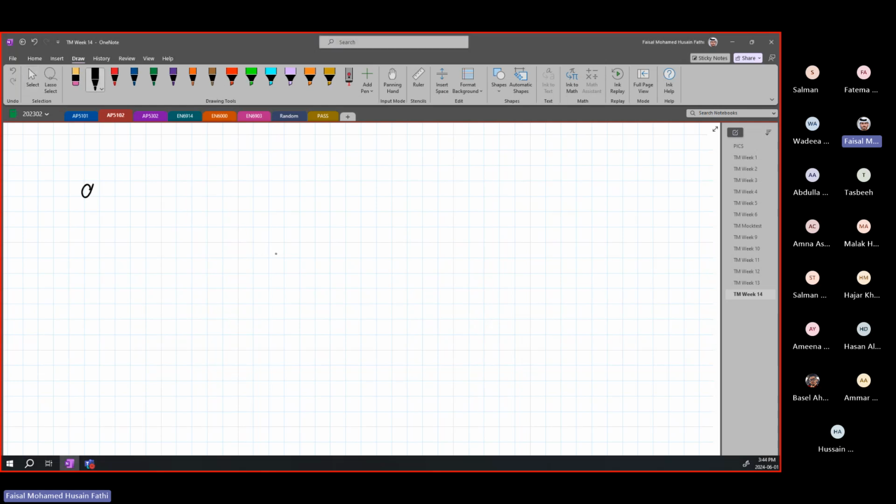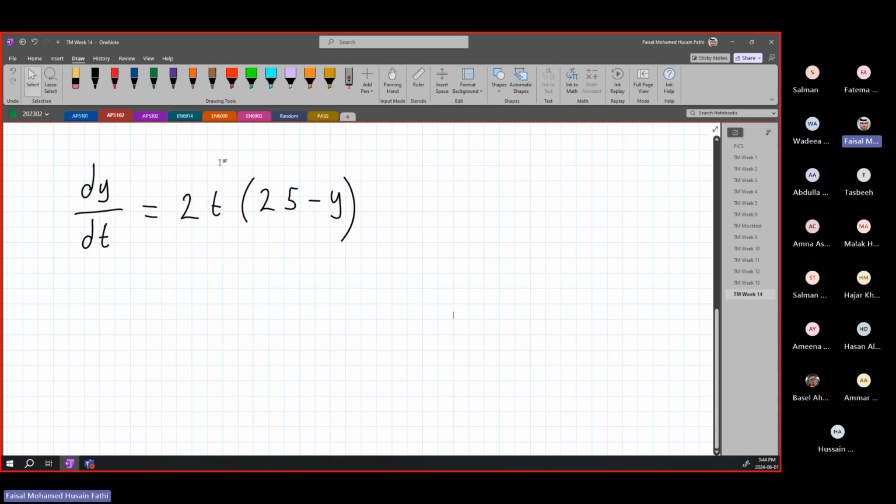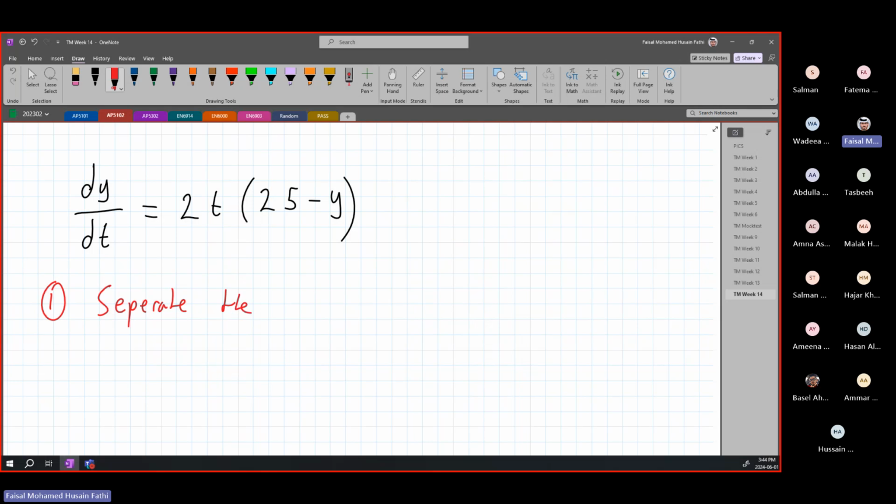So let's say we were given that dy by dt is equal to 2t times 25 minus y. All right? We are given an equation here, right? So the first step is separate the variables. What does this mean? You're going to want your dt to be with your t value, and you want your dy to be with your y value.